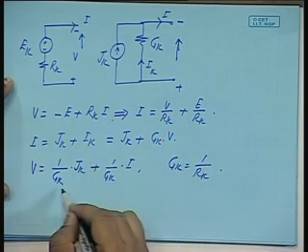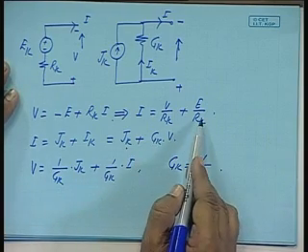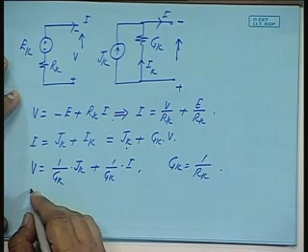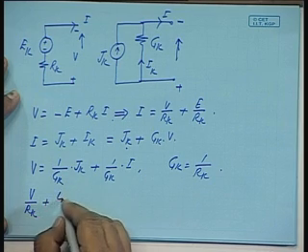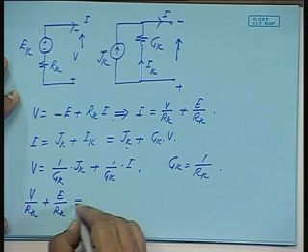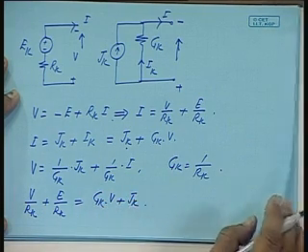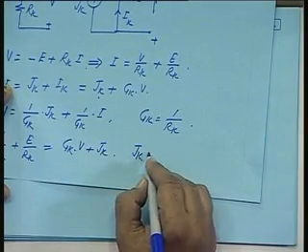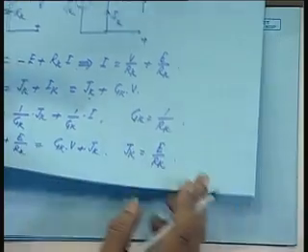If I substitute here, I can rewrite this, and Jk I am equating with the other term. So, V by Rk plus E by Rk can be written as Gk into V plus Jk. That means Jk equal to E by Rk.